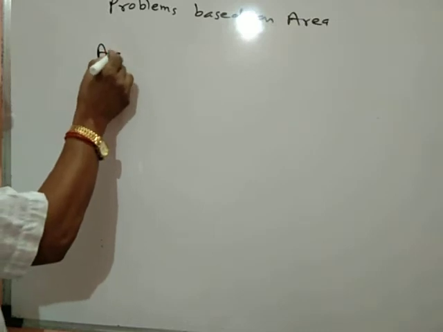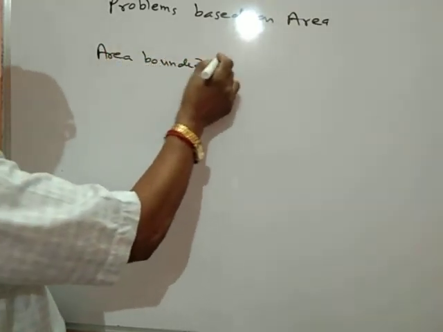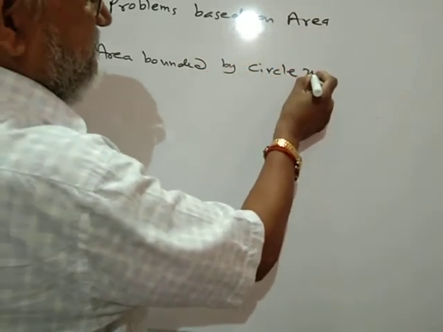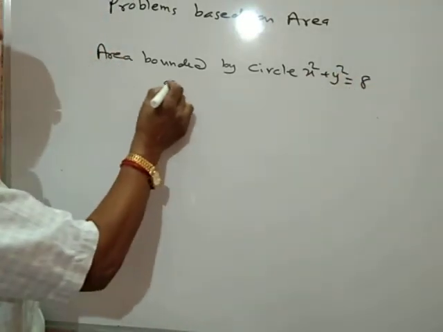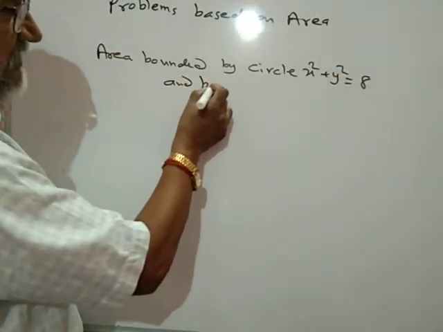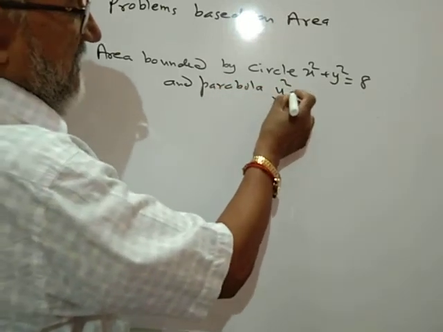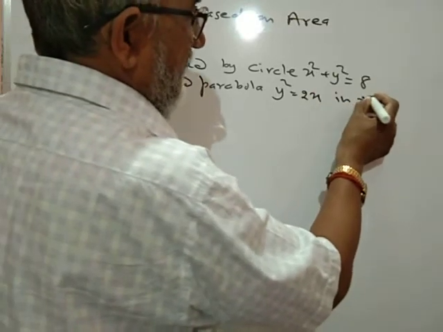Area bounded by circle x square plus y square is equal to 8 and parabola y square is equal to 2x in the first quadrant.